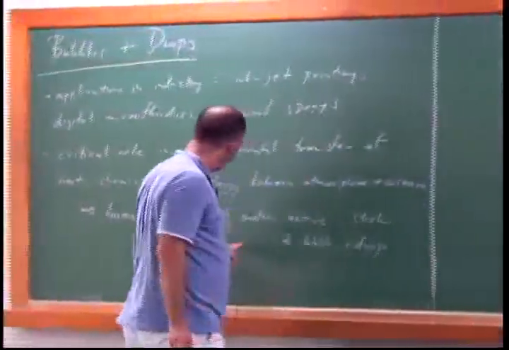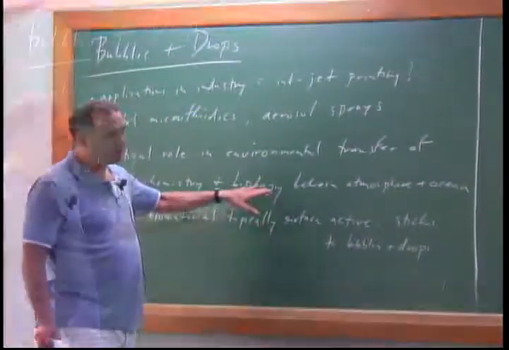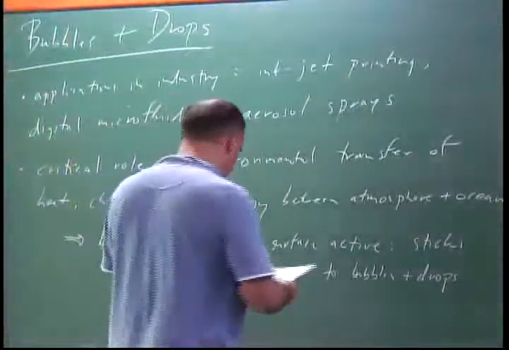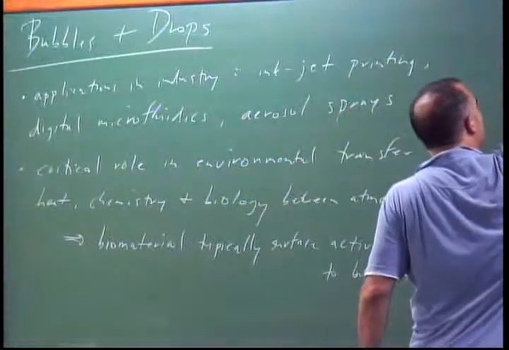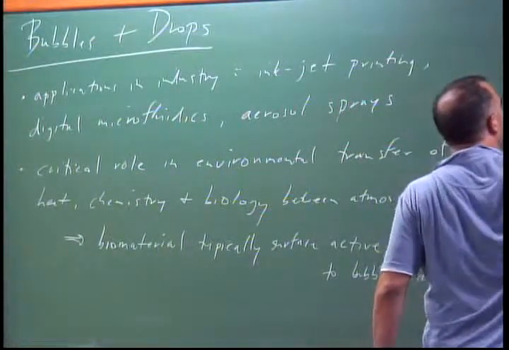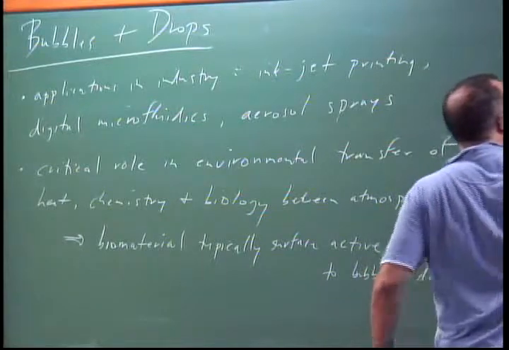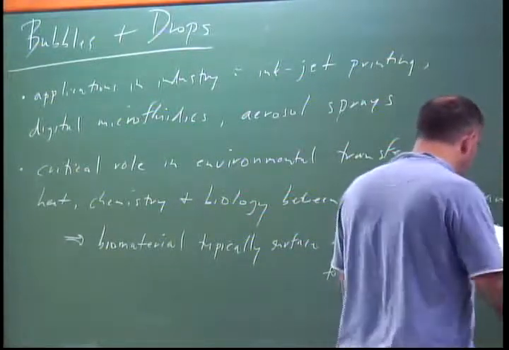And bubbles break, and as we'll see, throw fluid everywhere, and this fluid oftentimes is a carrier of biomaterial. So if we start with bubbles, we'll go through the life cycle first.